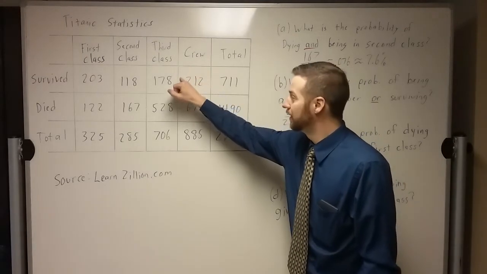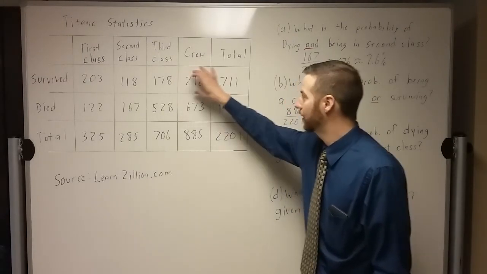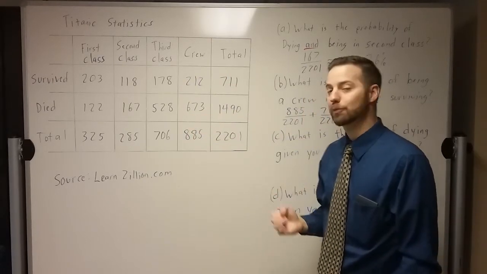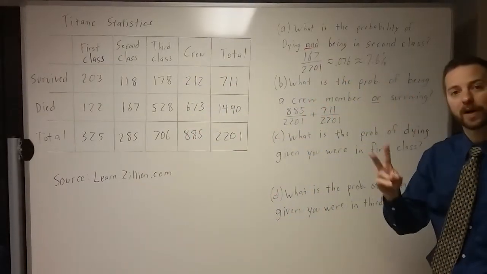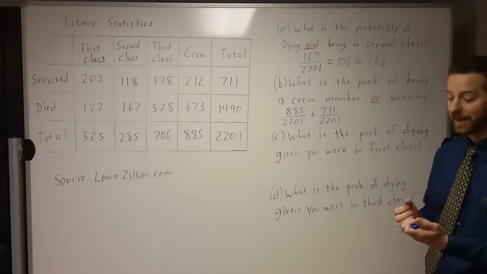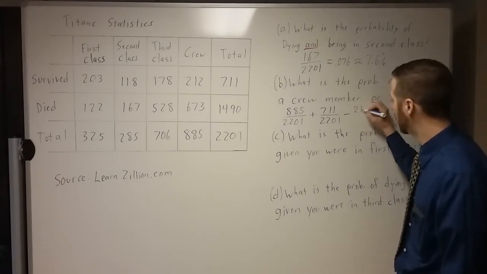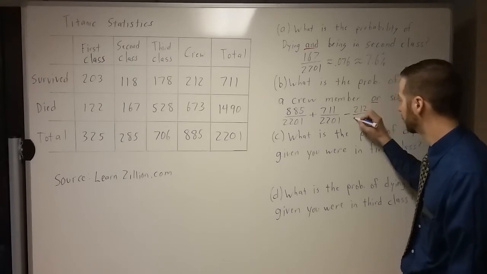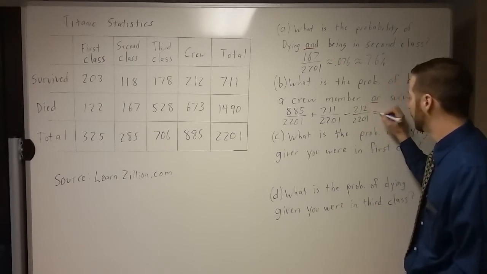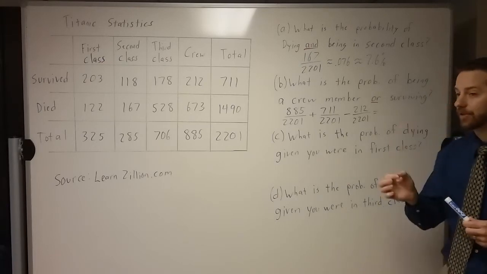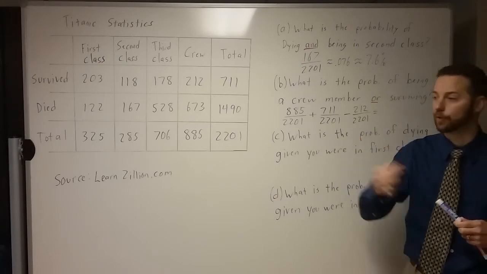So these 212 people got counted in the survivors and counted a second time in the crew members, which means they've all been counted twice. They're only one person, so I need to subtract them out once. A good way to remember: when we have "or," add the probabilities and subtract the overlap.